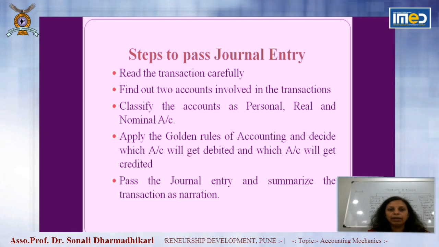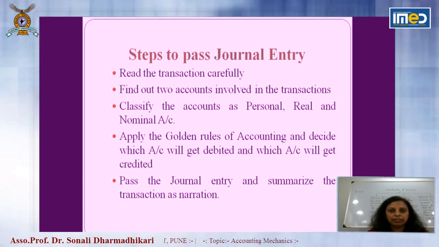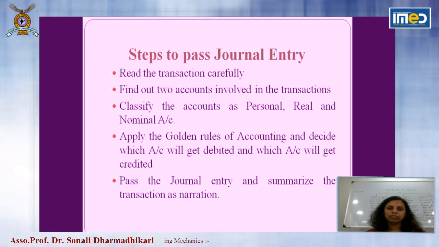So you have to apply the golden rule and decide which account will be debited and which account will be credited. And then once this is decided, you have to pass the journal entry and summarize it in the narration. Then we are going to see the format of the journal and how the journal entry is passed in the journal.